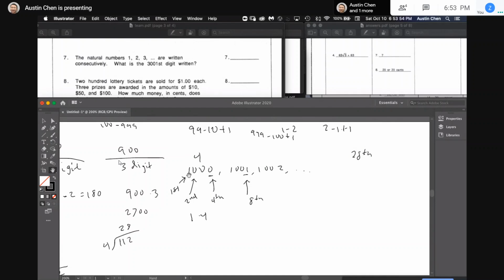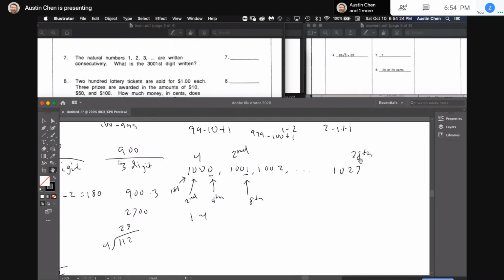If 1,000 is the first number, that's going to mean 1,027 is going to be our 28th number. You can figure that out just by looking that to get from our number to our position, we subtract 999. So 1,001 minus 999 would be our second position.